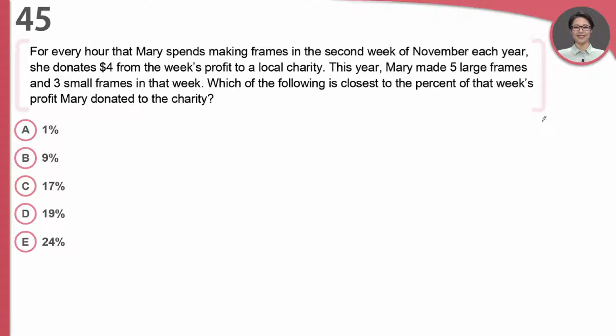Question 45. For every hour that Mary spends making frames, she donates $4. Okay, so this week, Mary made 5 large and 3 small. Which of the following is closest to the percent of that week's profit Mary donated to the charity? Now we have to know how much she earned and how much she donated, and get the percentage of the profit she donated.